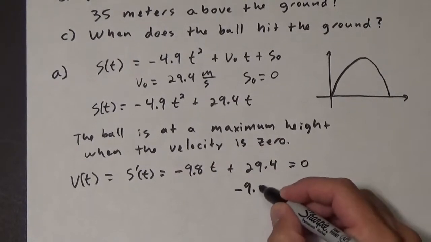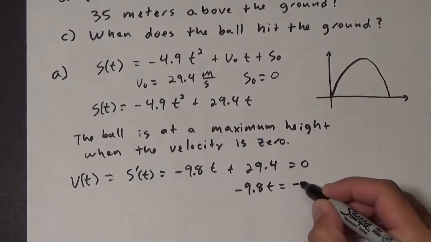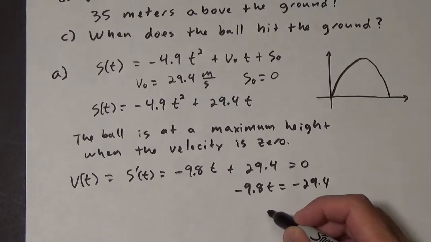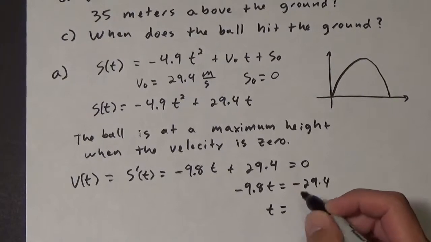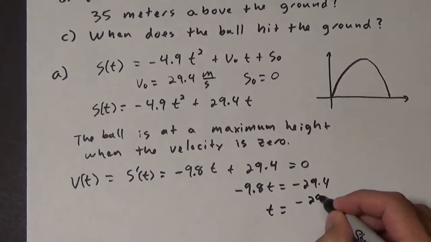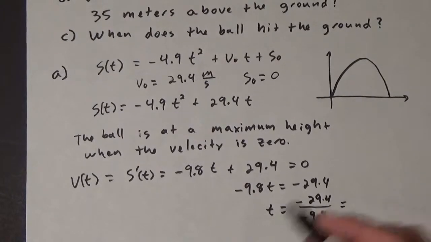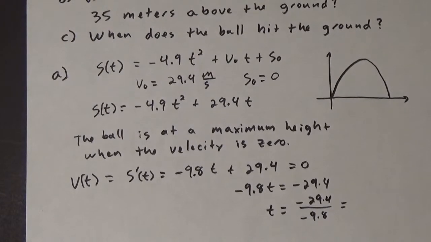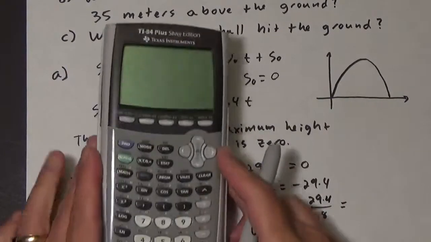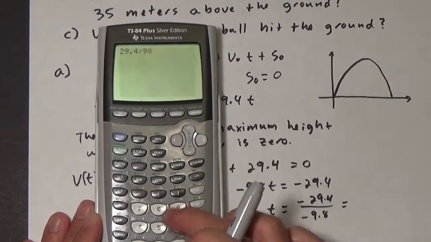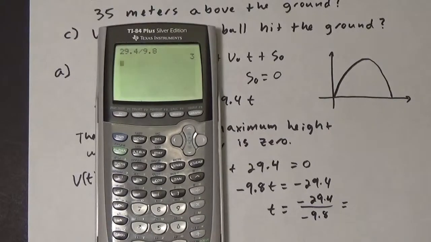A negative 9.8t equals a negative 29.4, and then we divide each side by negative 9.8, so t equals negative 29.4 over negative 9.8. Let's grab our calculator. 29.4 divided by 9.8 gives us 3.